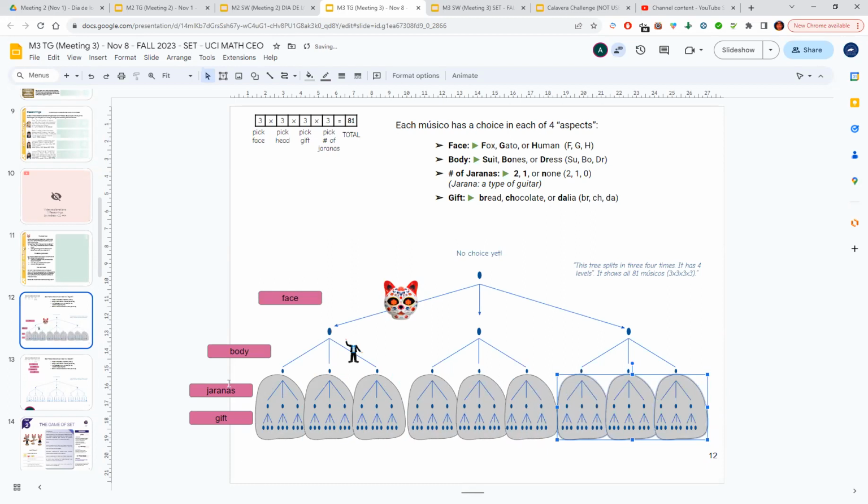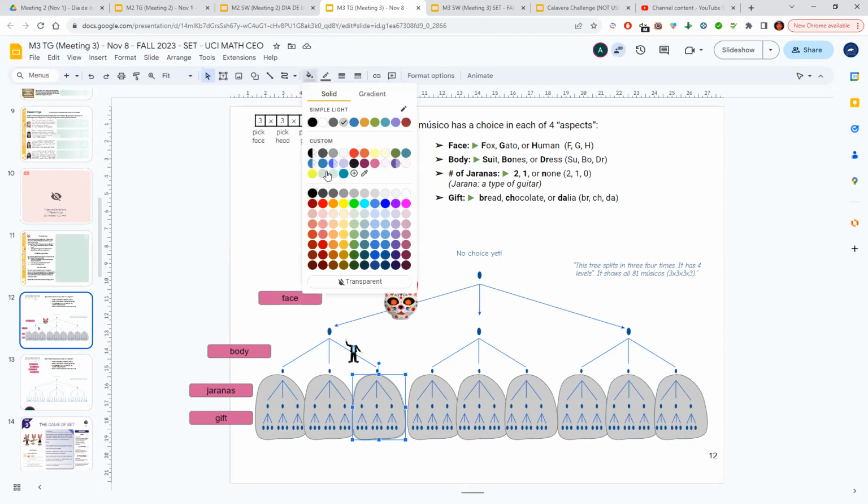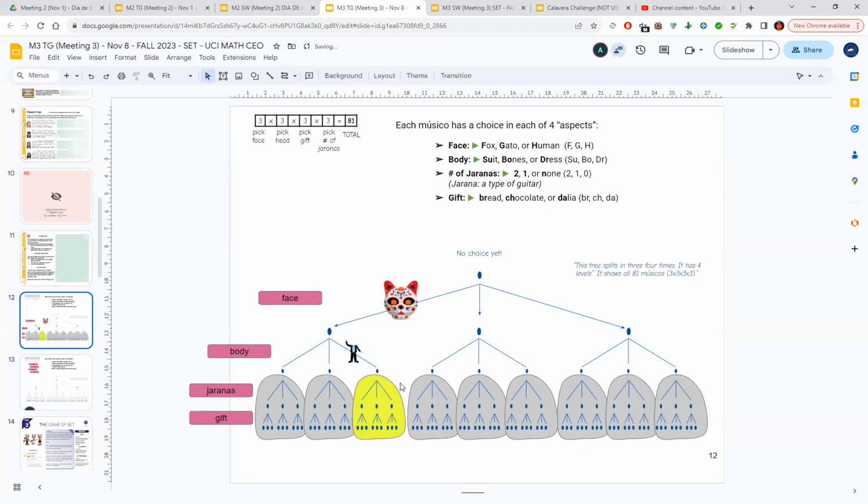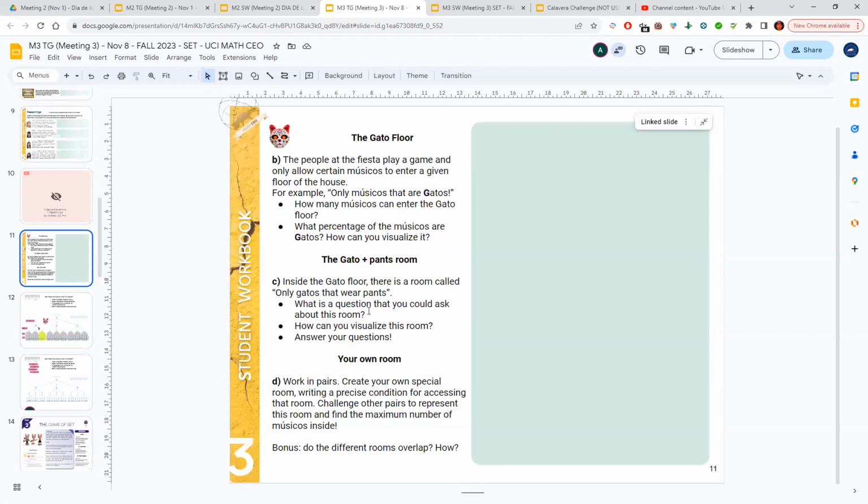Right, because there are going to be copies of combinations of jarana gifts, but for different faces and bodies. And we're just grabbing those 9 that correspond to gatos that wear pants, that wear the suit. And so this is a nice way to visualize it, right? 1/9.